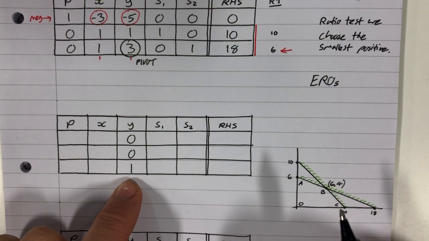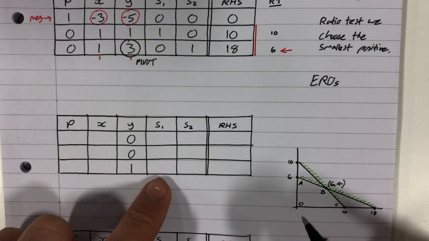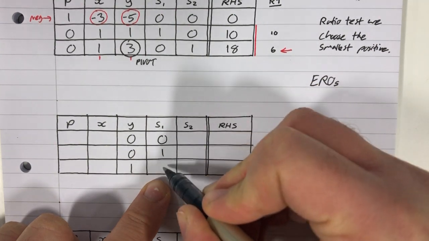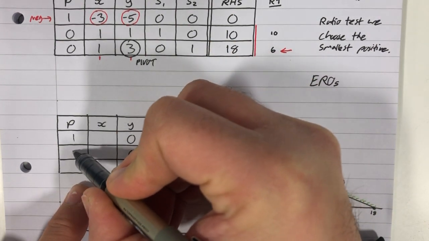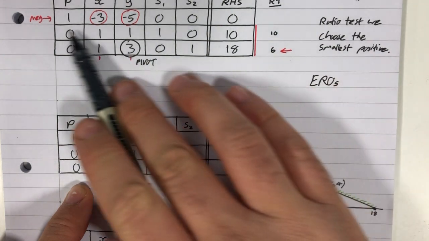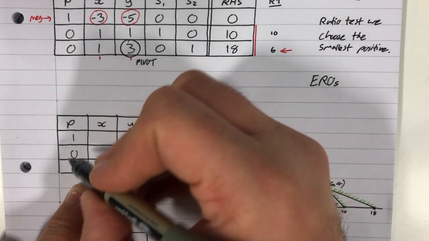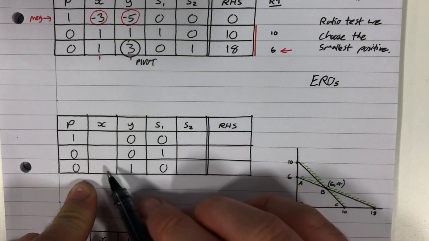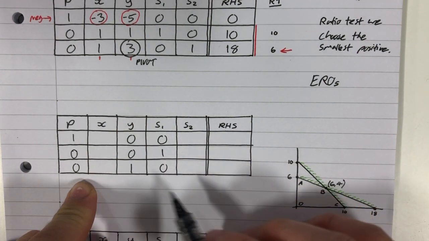That's the idea. The other pivot columns will remain as pivot columns. So this one here is a pivot column of the middle one. So that's going to be 0, 1, 0. And P will always be 1, 0, 0 because you never pivot on anything on that row. So that will always be 1, 0, 0 for the entire algorithm. So that leaves us then with 9 values to figure out.